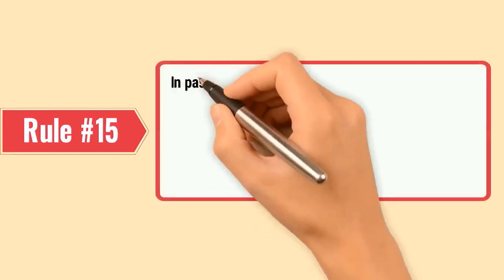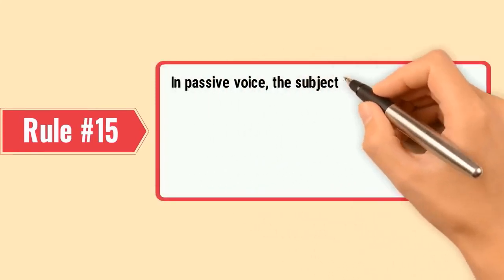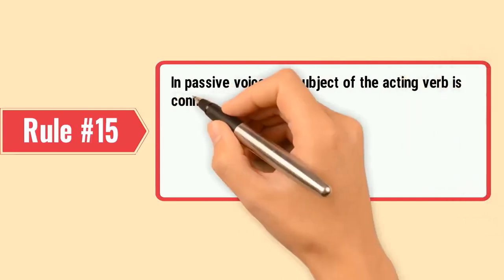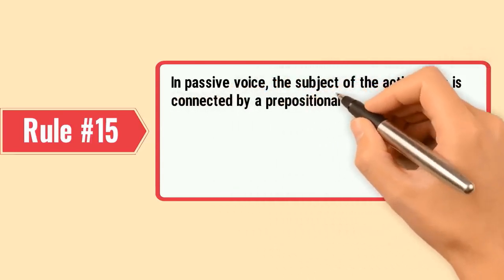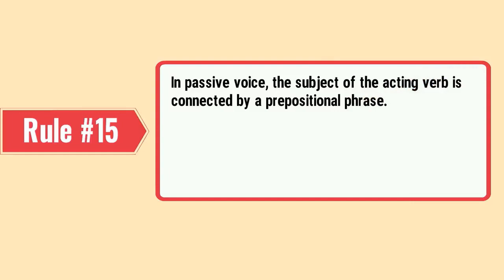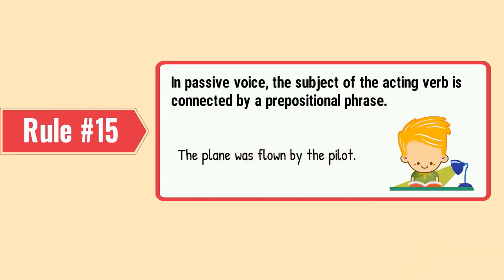Rule number 15. In passive voice, the subject of the acting verb is connected by a prepositional phrase. The plane was flown by the pilot.